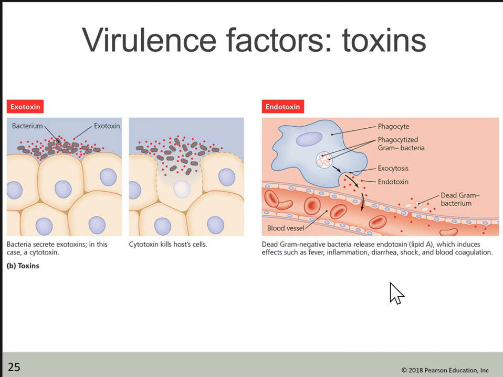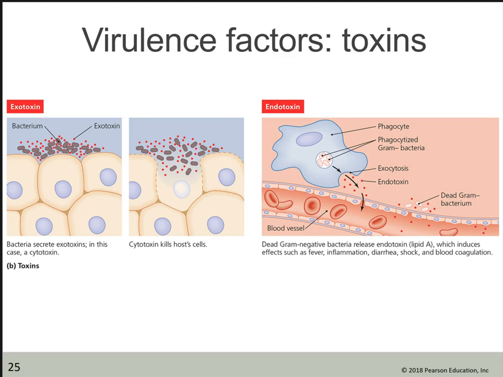But you can also have endotoxin, and endotoxins are toxins that are associated with the bacteria. They are not secreted away from the bacteria. They're actually embedded in the membrane of the bacteria, so they're held tightly to the bacteria. Here we have LPS. LPS is the endotoxin that we're going to discuss in this class.